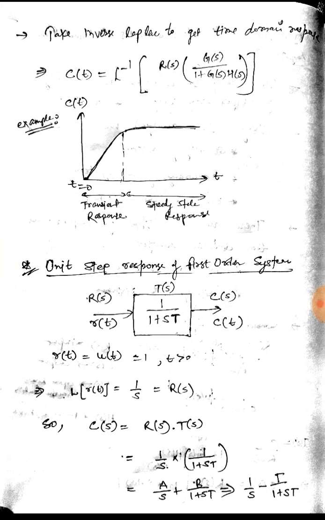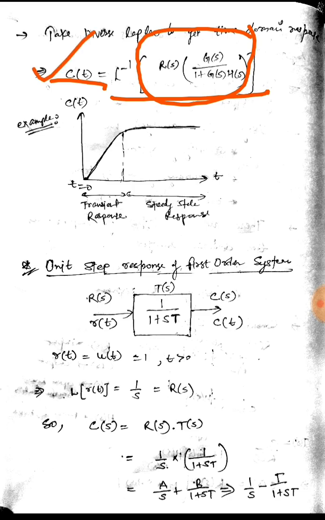Now take the inverse Laplace transform of that equation. We will get c(t) as the Laplace inverse of R(s) into G(s) upon 1 plus G(s)H(s). Depending upon the G(s) and H(s) values, you can solve this function to get the output.